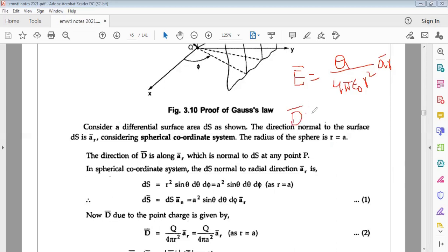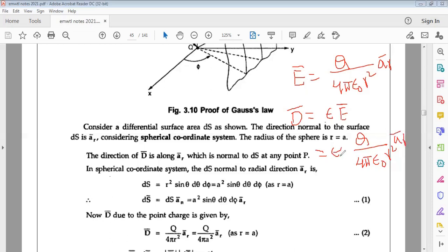The relation between electric flux density and electric field intensity is D bar equals epsilon into E bar. In free space, epsilon is epsilon naught only, epsilon r is equal to 1. So you can substitute here epsilon into E bar, Q by 4 pi epsilon naught R square into AR bar.